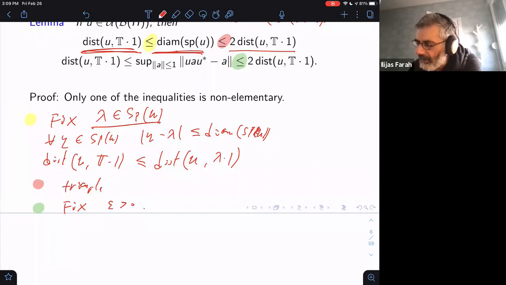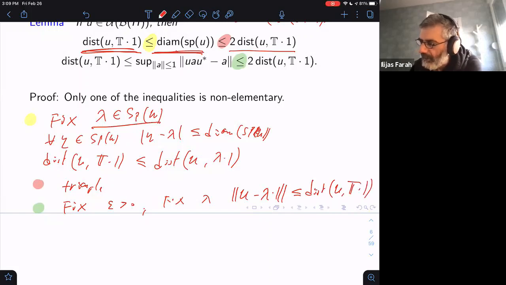Fix epsilon greater than 0 and fix lambda such that the distance from U to lambda times 1 is less than or equal to the distance from U to T times circle.